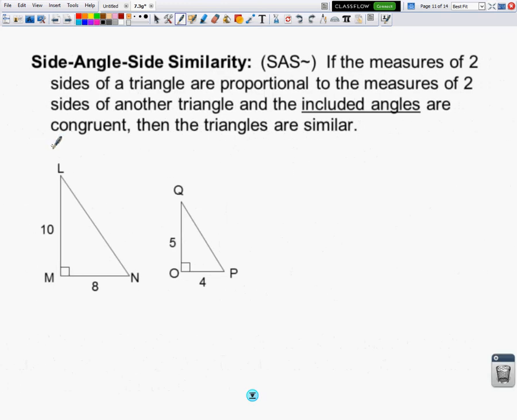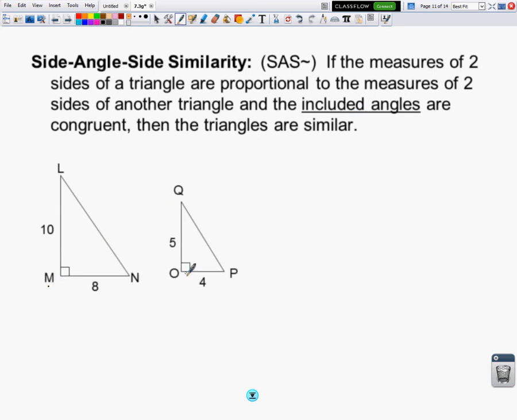The last rule is side-angle-side similarity. Notice the angle is caught in between the 2 sides, and notice we use that phrase again, included angle. It says if the measures of 2 sides of a triangle are proportional to two sides of another triangle, and the included angles are congruent.